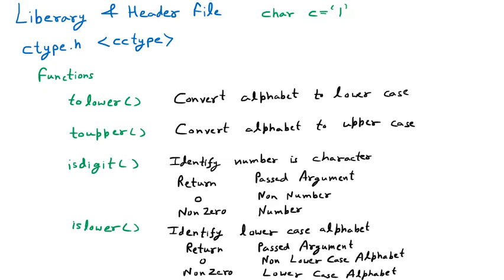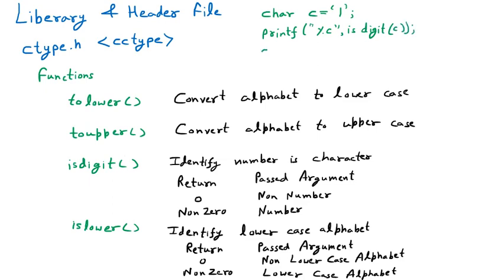So that is the function for that. So I am saying char C is equal to 1. Now I am saying printf, then percentage %C, comma, is digit, in bracket I am saying C.